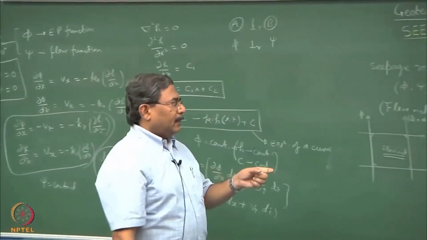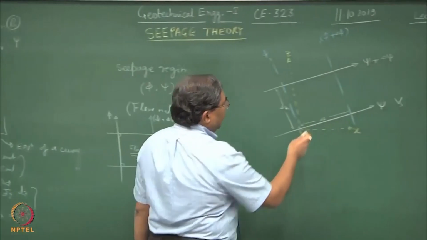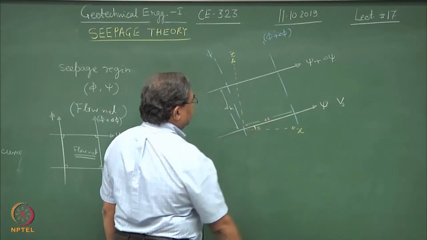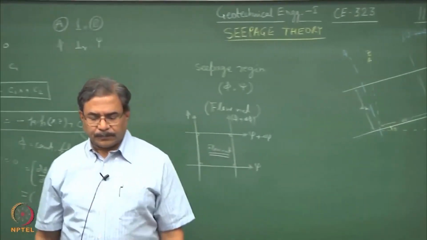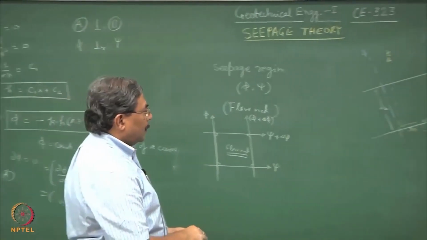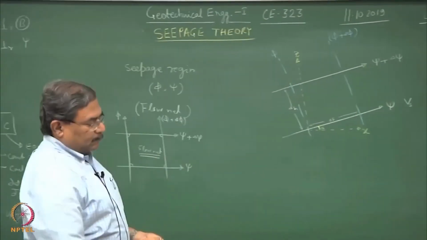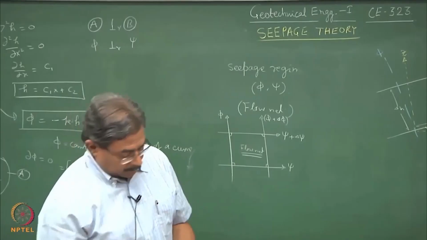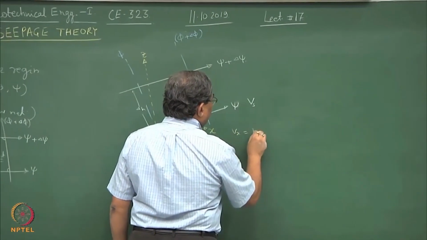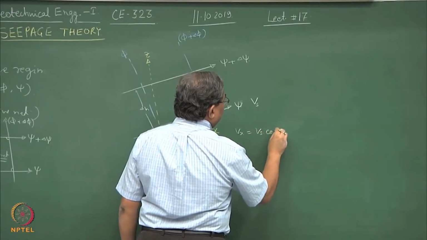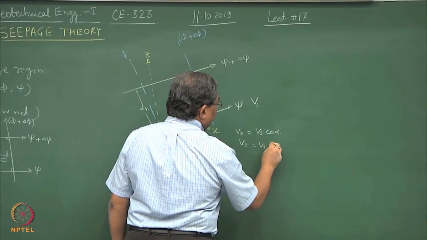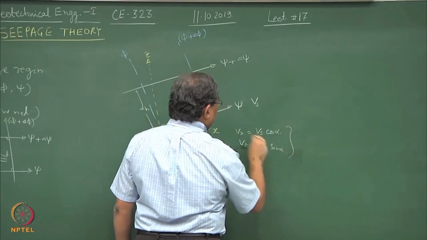So, I am just rotating the axis from s n to x z with this as alpha. Fine. I can define V x as V s cos alpha and V z as V s sin alpha.